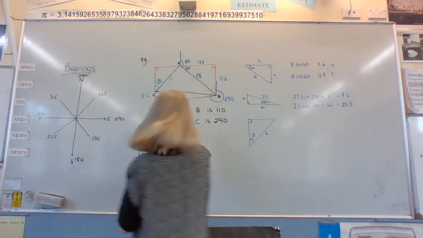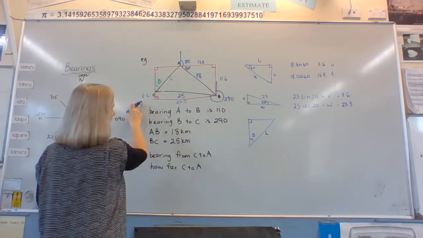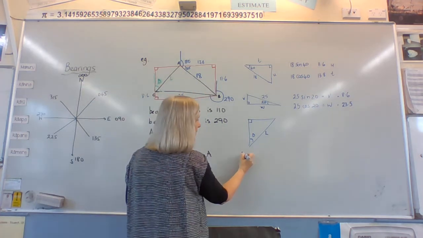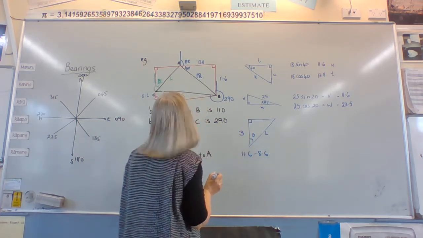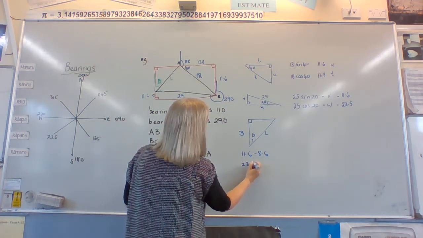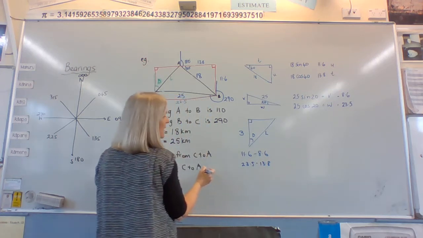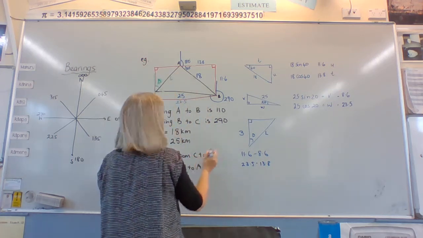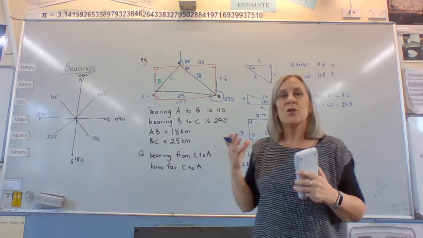I can find this length because I've got 11.6 on this side and 8.6 here. So 11.6 minus 8.6 equals 3 here. And 23.5 minus 13.8 gives me 9.7. So 9.7 is here.